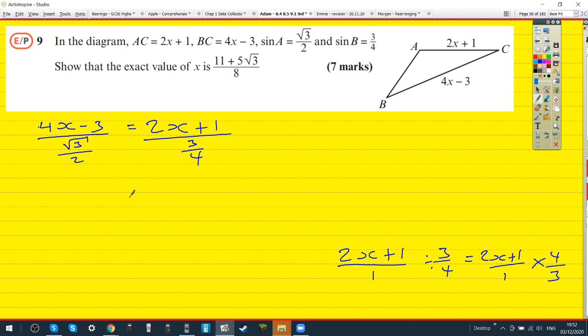Or to put it another way, the 4 goes up, the 3 stays where it is. Okay. And so what would you do for the left side? For the left side, it would be 4x minus 3 over 1 divided by square root of 3 over 2. Mm-hmm.